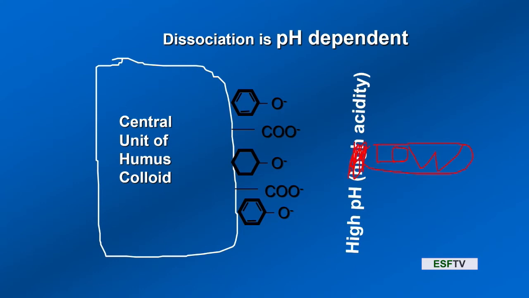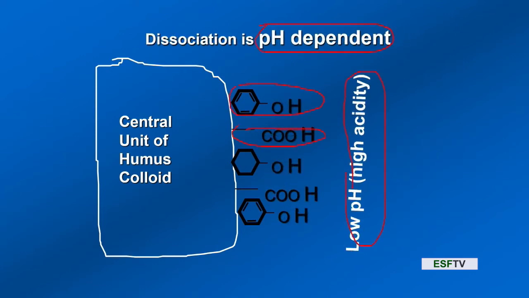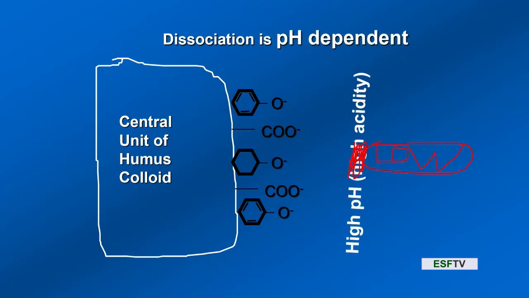And so you have all these exposed net negative charge. And so this is a high CEC, right? Low CEC, no dissociation, acid. High CEC, high pH, low acidity. Okay.